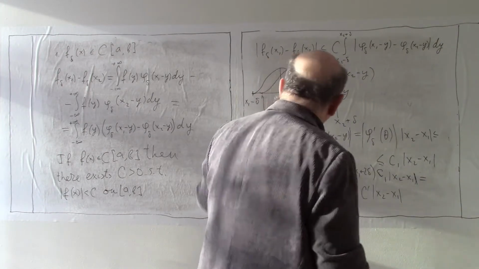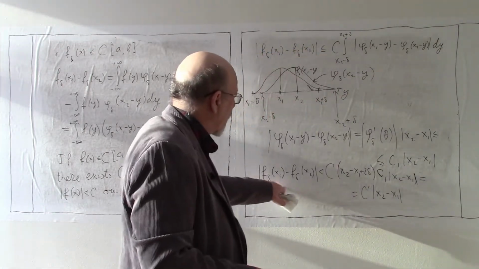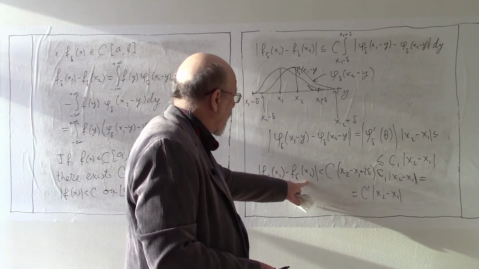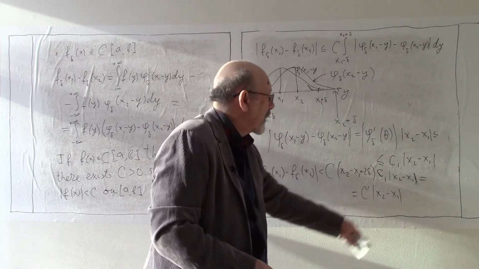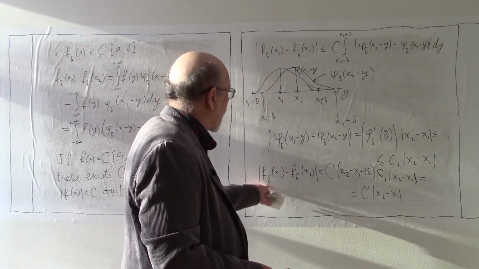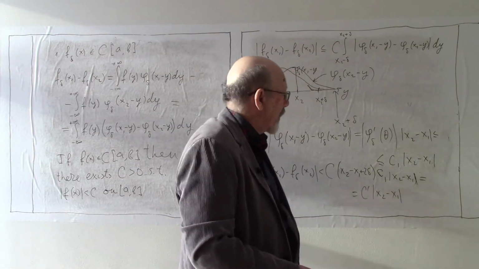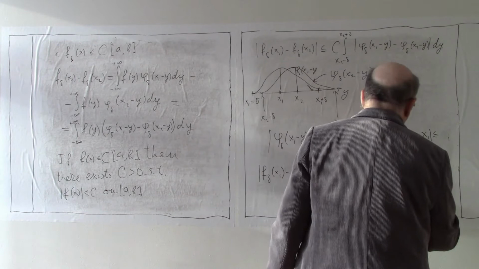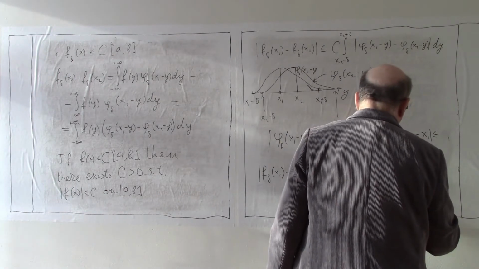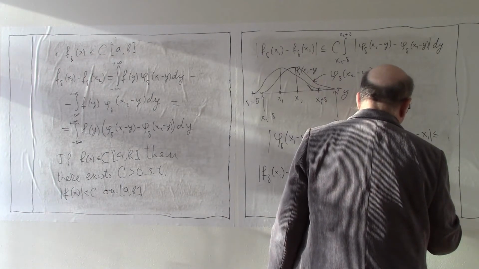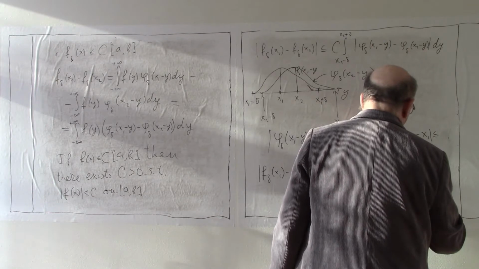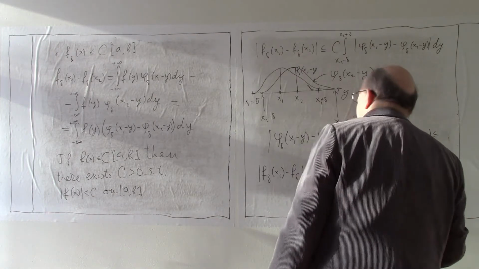Yeah. So we have this estimate, then this difference is less than something proportional to x2 minus x1, so it goes to 0 as x2 minus x1 goes to 0.